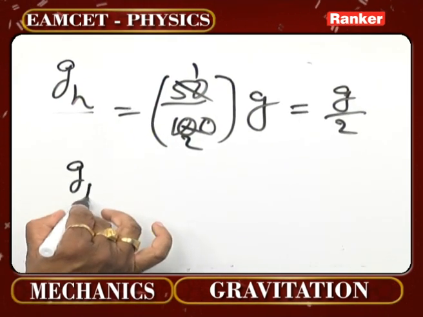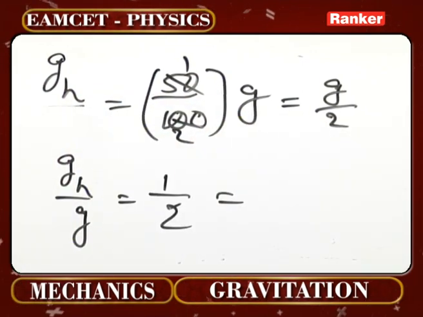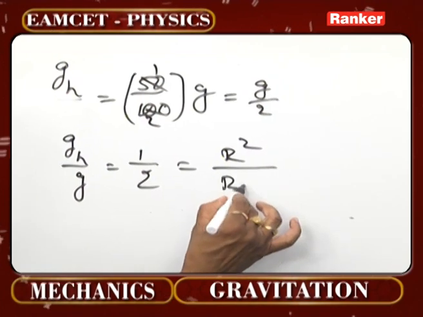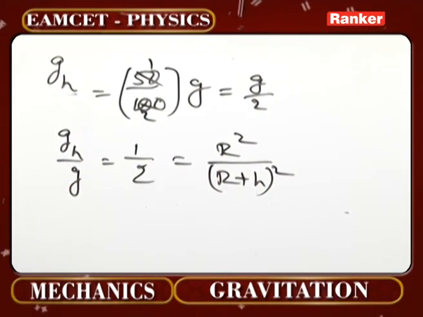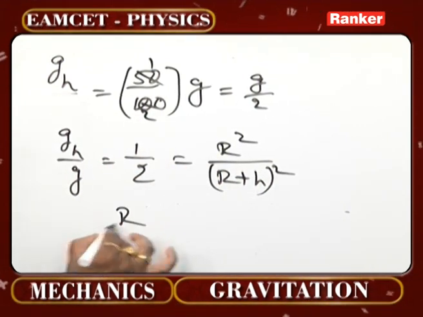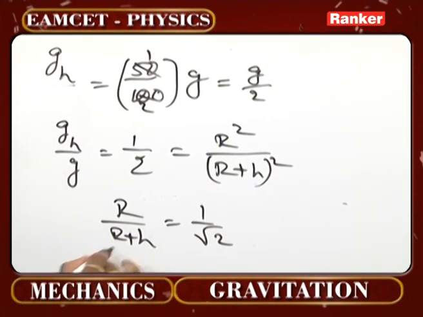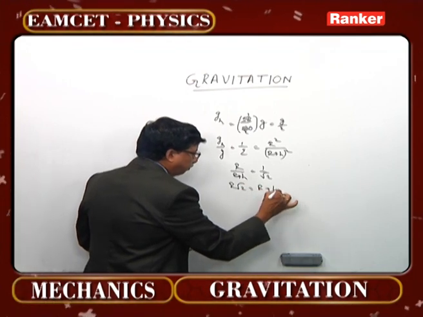So you can write gh by g is equal to 1 by 2, which is equivalent to R square by (R plus h) whole square. That is the equation we all know. Now if you take the root on both sides, R by (R plus h) will be 1 by root 2. Then R root 2 is equal to R plus h.